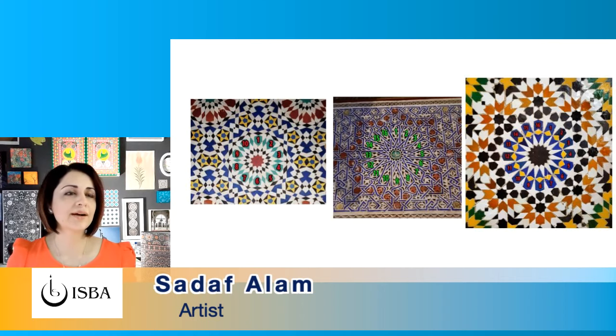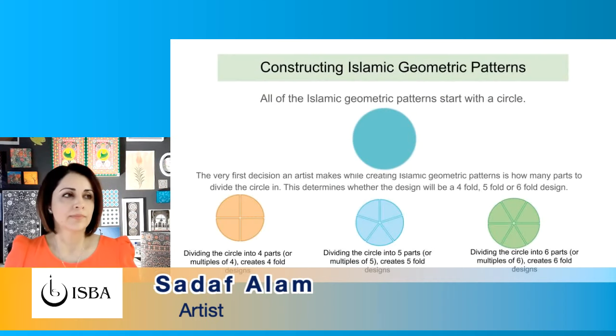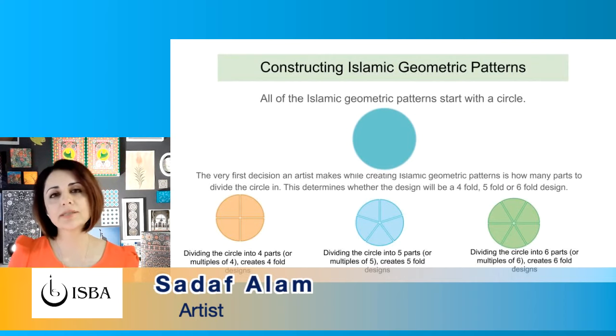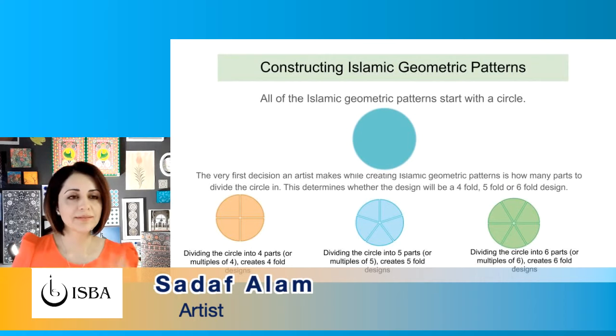Okay, now let's talk about how to construct these patterns. Next slide, please. Okay, so all of Islamic geometric art actually starts out with a circle. Now, there are 2 schools of thought as to why that is. One school of thought is that a circle is just a shape, an easy way to start creating patterns.